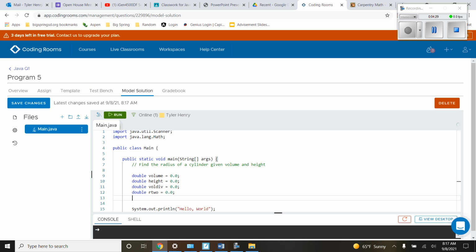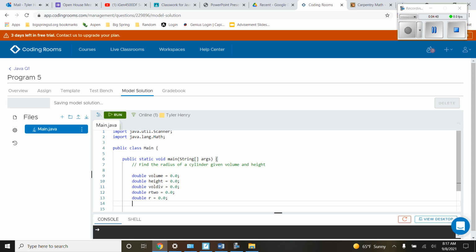And then I'm going to have a variable just R. That'll be my radius. So I think that's all I'll need, but you never know. Oh, I also have a variable called round R. That'll be after I round it. I won't use a double for that one because it's going to be rounded. We'll try to use an integer for that one.